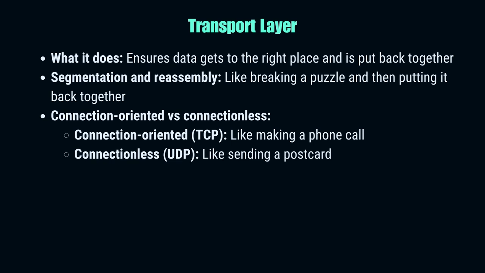The transport layer also handles flow control, ensuring that a fast sender doesn't overwhelm a slow receiver with too much data at once. It's like making sure a conversation is at a pace both parties can handle. With our data now segmented, ordered, and ready for reliable transmission, let's move up to the application layer to see how our everyday apps interact with the network.